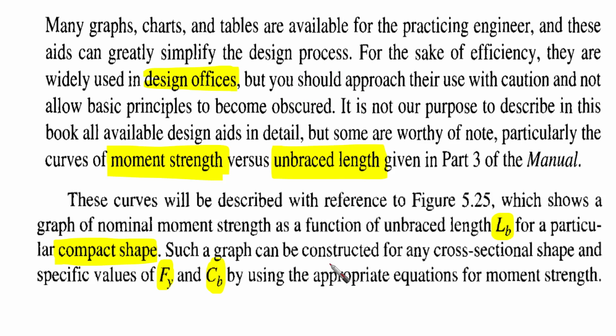Such a graph can be constructed for any cross-sectional shape, and for specific values of F yield and CB, by using the appropriate equations for moment strengths that we have studied in the previous videos.